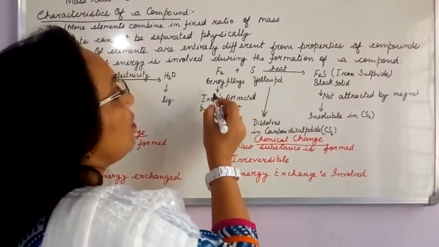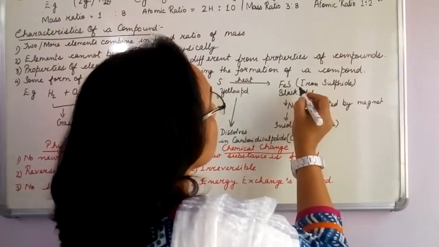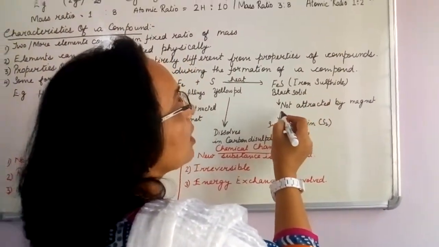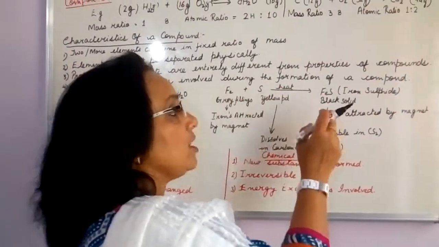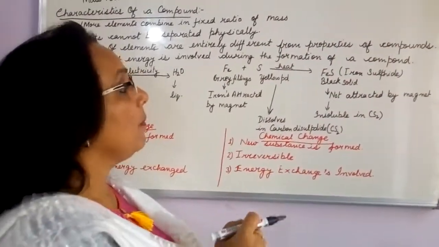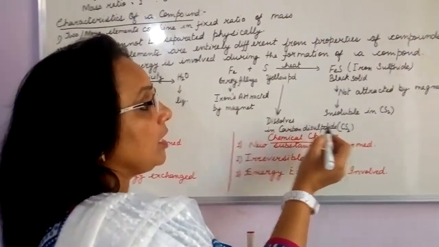Here the iron filings are attracted by the magnet. But what about iron sulfide, which is a compound? It is not attracted by the magnet. Why? Because the property of iron has changed completely after the reaction. Similarly, yellow sulfur powder, it dissolves in carbon disulfide.